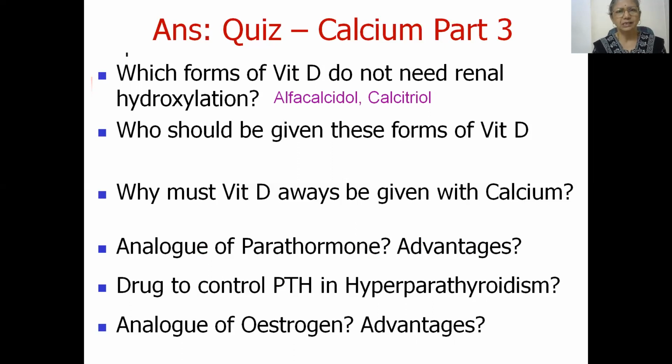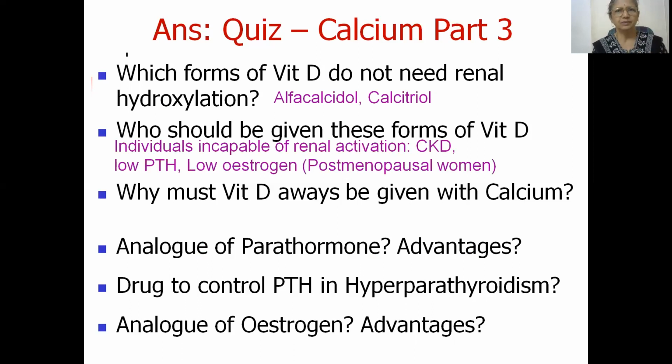So we saw that these forms which do not require the renal activation should be given only to patients who are not capable of this renal activation. So patients with chronic renal failure, low parathormone, low estrogen, which are important for this activation step, only they should be given these active forms of vitamin D.